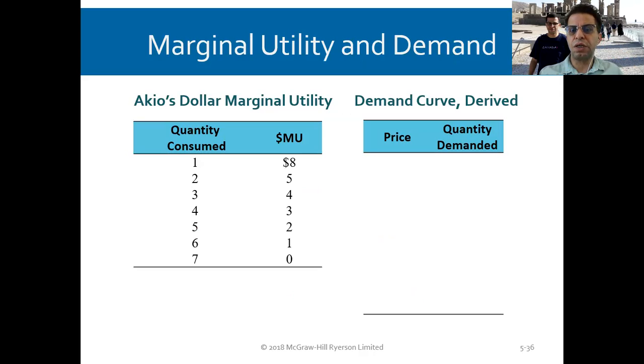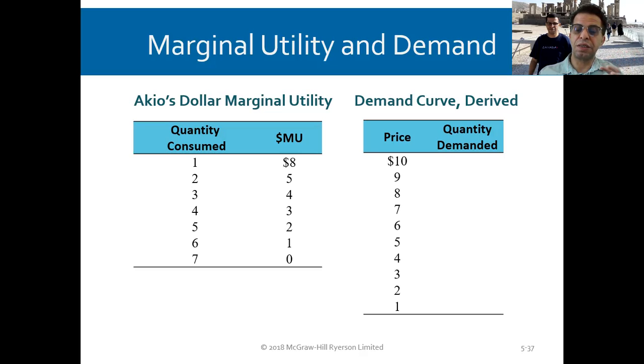Now, the marginal utility and the demand are almost the same, driven by each other, by the demand curve. So the marginal utility will drive the demand curve: the price is the dollars the consumer is willing to pay for the quantity consumed. If the marginal utility is worth 8, the price is 8.